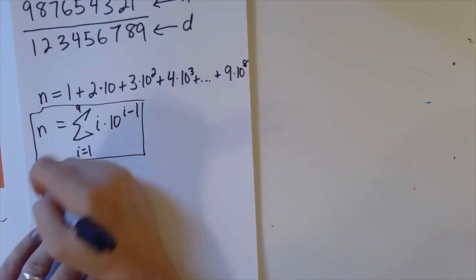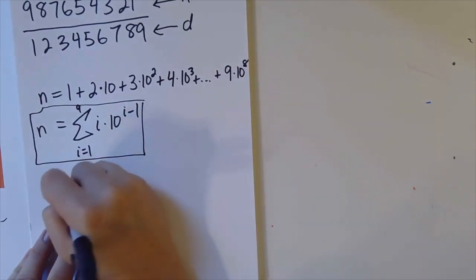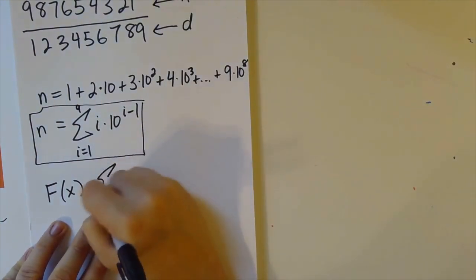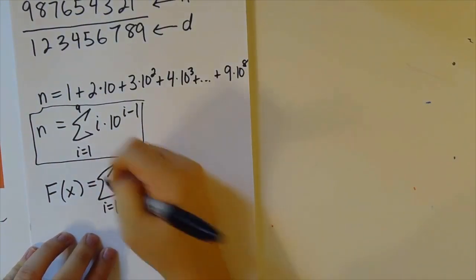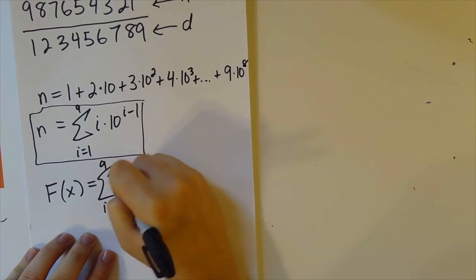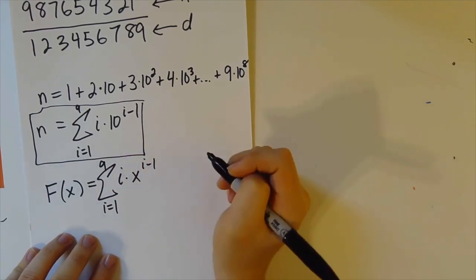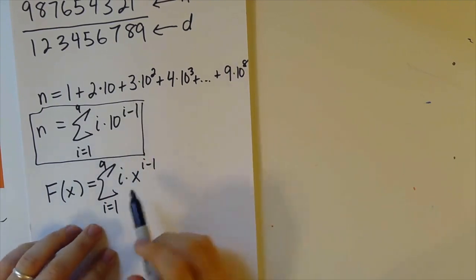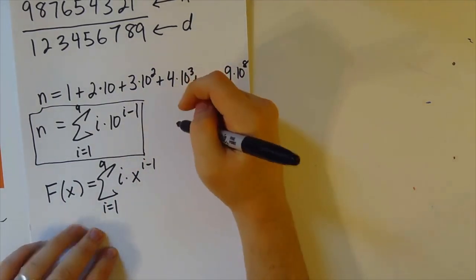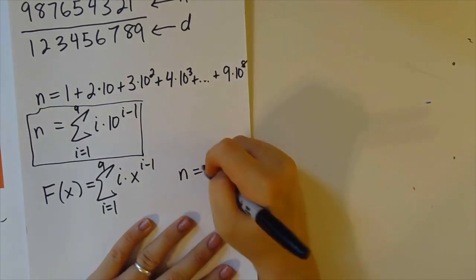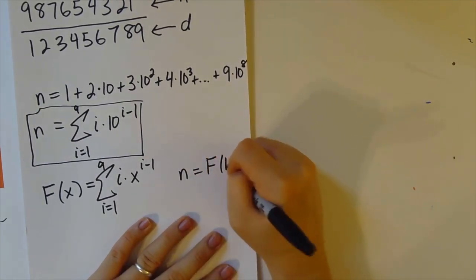So I want to rewrite this as a function, which is f of x is the sum as i goes from 1 to 9 of i times x to the i minus 1, so that n, we can remember for ourselves, is just f of 10.